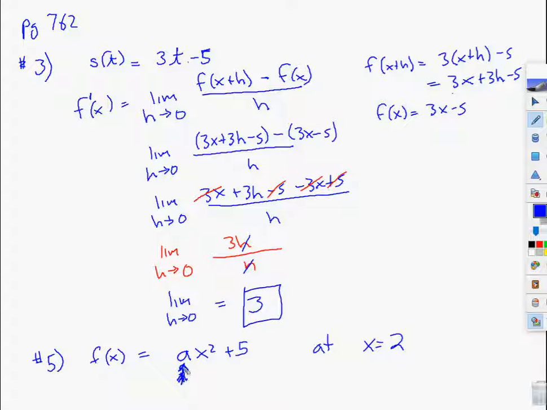Now, yeah, it's a variable, but it's representing a constant. So we're basically finding this derivative for, well, what if this were any particular number? So what we're going to find out is that that derivative is going to be 2ax in the end. So our answer is going to be 4a.